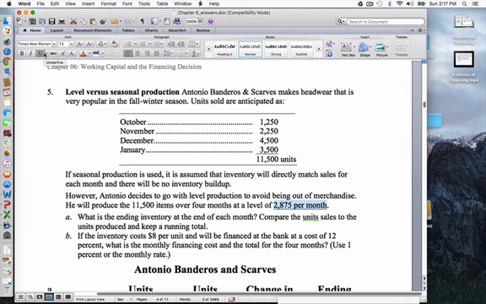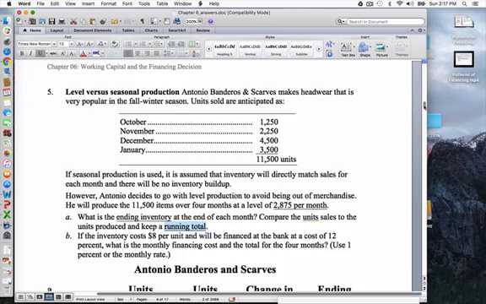So smoothing out production, and then for A you will have to calculate the ending inventory at the end of each month. So beginning inventory plus production minus sales. Sales are here, you have ending inventory. And that's going to become beginning inventory for the next month.